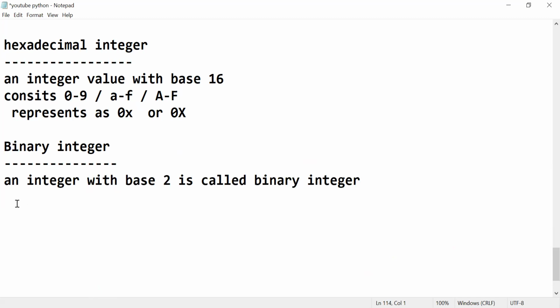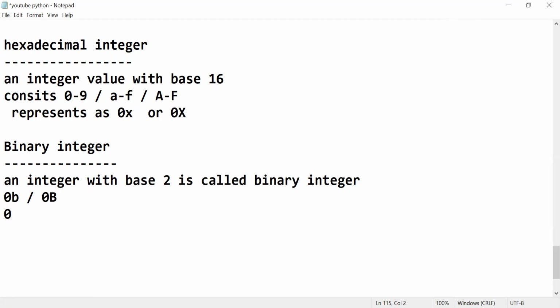This integer can be represented as 0 small b or 0 capital B, guys, like here 0 small x and 0 capital X. Here we can represent binary integer with 0 small b or 0 capital B. These binary integers are represented in zeros and ones format, guys.